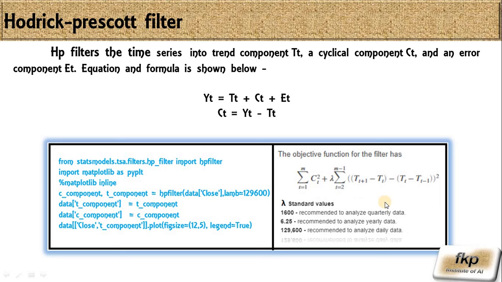That is how this HP filter works. And when we say objective function, it uses a penalization method. Okay, so I think you got the picture of how the HP filter works.